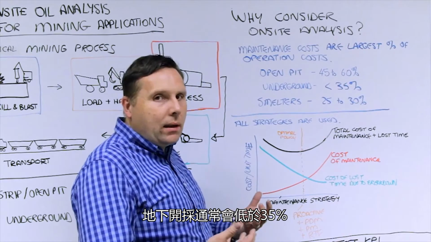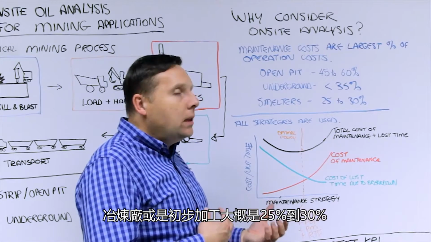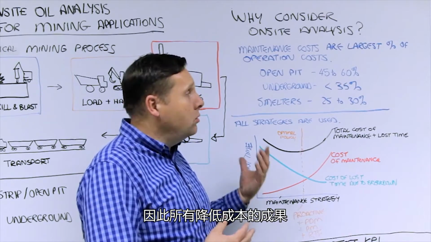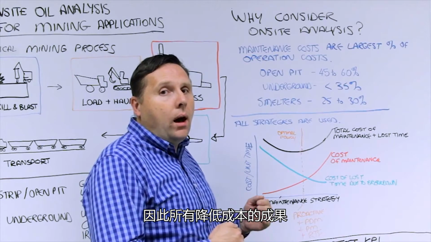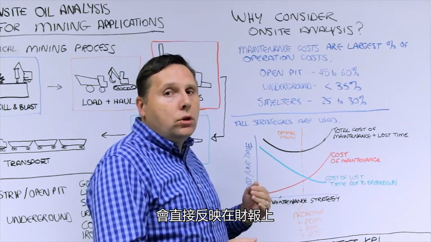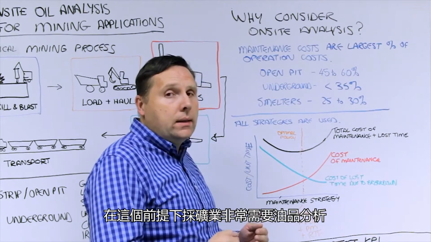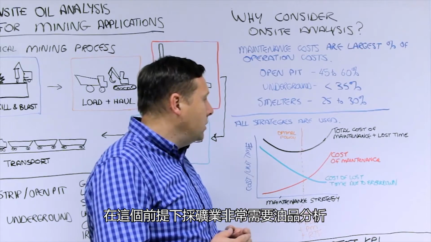Underground, it's typically less than 35% because the products and the equipment is different. Smelters and some first processing can be maybe 25 to 30%. So you can see that any effort to reduce the cost of maintenance is going to go directly to the bottom line. And so as a result of that, on-site oil analysis is very, very attractive to mining operations.